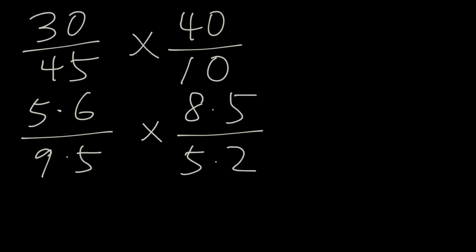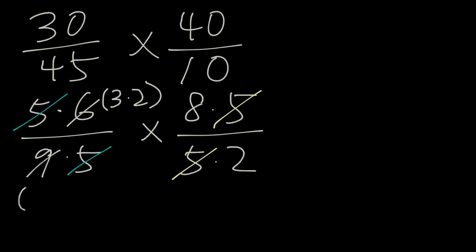So here, we can see that we could simplify the 5 here, and then the 6 could be changed again to 3 times 2. And the 9 could be 3 times 3.